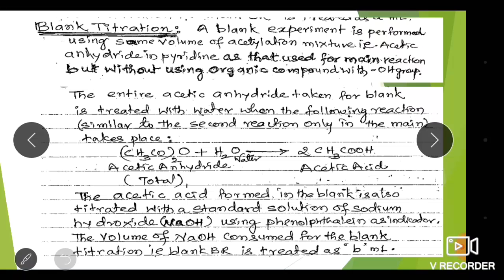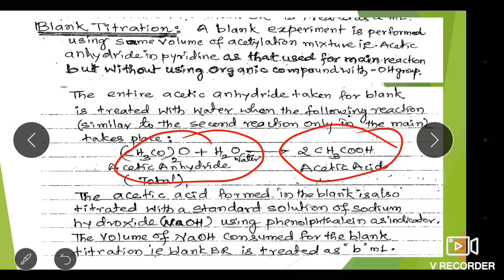The entire acetic anhydride taken for the blank is treated with water, and the following reaction occurs: acetic anhydride gives acetic acid after hydrolysis, so we get two molecules of acetic acid. The acetic acid formed in the blank is also titrated with a standard solution of sodium hydroxide using phenolphthalein as an indicator.